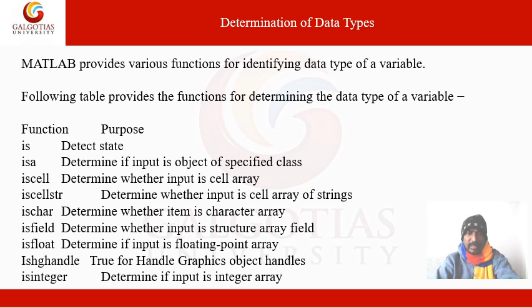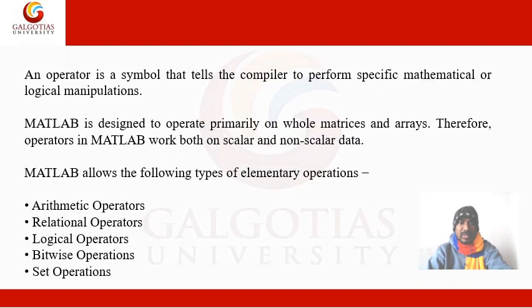For determining the data type of a variable, it uses functions like isa, iscell, ischar, isfield, isfloat, and many more. Their purpose is to detect the current state. isa checks whether the input is an object of a specified class. iscell checks whether the input is a cell array or not. ischar determines whether the item is a character array. isfield checks for a structure array field. isfloat checks for a floating-point array. Likewise, we can proceed using these different functions.